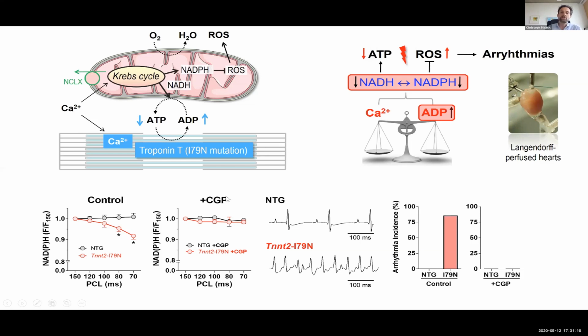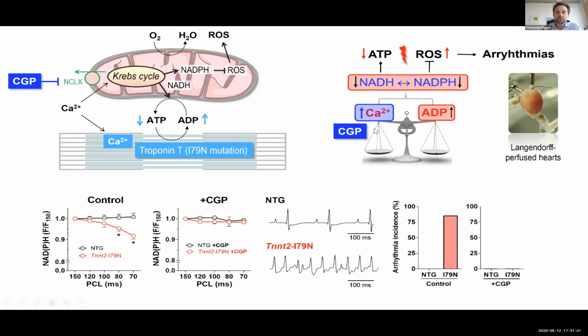And then he told me that he used this compound CGP. I don't know where he got it from. I think from Brian or my papers or other papers. And he saw, what is CGP? Sorry. So CGP, I told you that the calcium export out of mitochondria is via the sodium calcium exchanger. And CGP 37157 inhibits the sodium calcium exchanger.